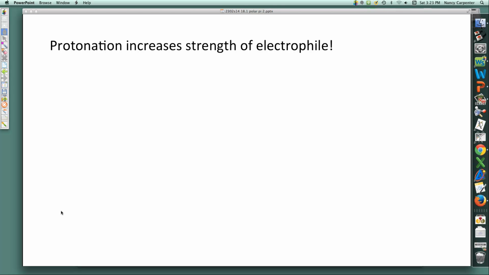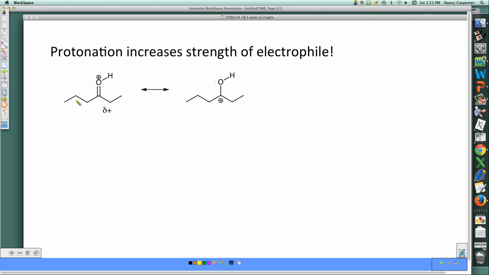Why? Well, when you protonate that carbonyl, you've dramatically strengthened the electrophilicity of the carbonyl carbon. We know this is an electrophilic carbon to begin with, but when we look at this resonance contributor, it's really obvious that that is electrophilic.